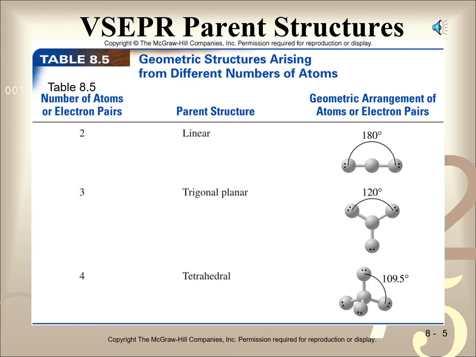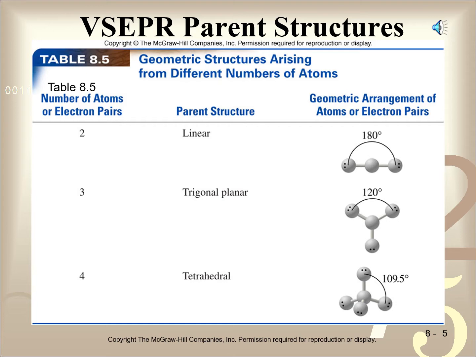Whenever you have three total pairs of electrons, the farthest they can get away from each other is 120 degrees, on a plane. We're talking three-dimensional here, right? Tetrahedral is the farthest away four electron pairs can get away from each other in space.